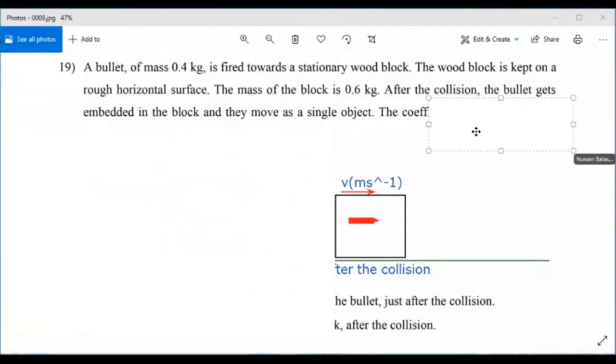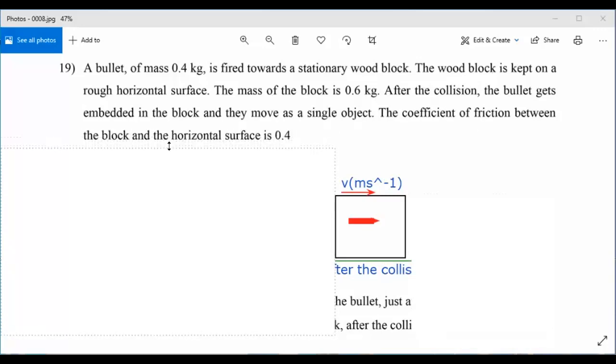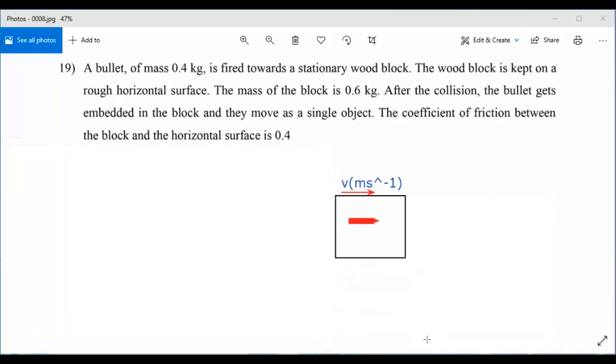I think they have given some data also. Am I right there? They have given us some data also. The coefficient of friction between the block and the surface is given, right? Now we can easily find the answers. So we have to draw this figure once again, because we have to mark the forces.